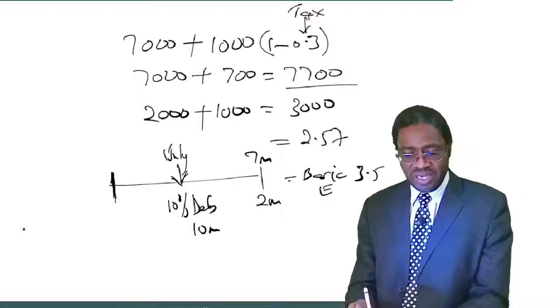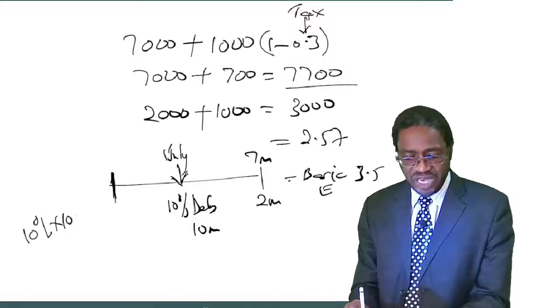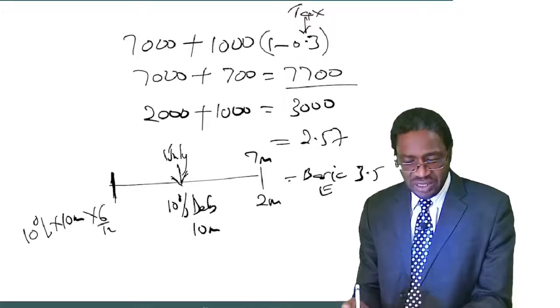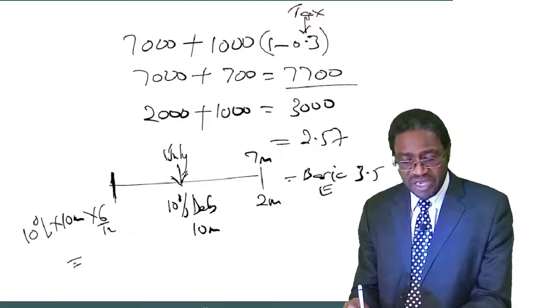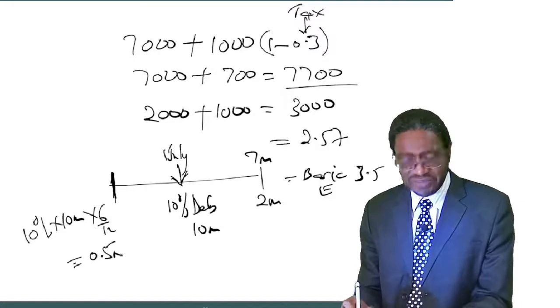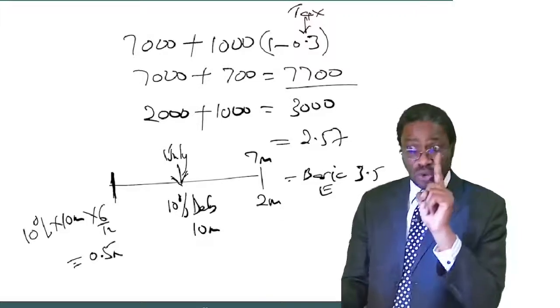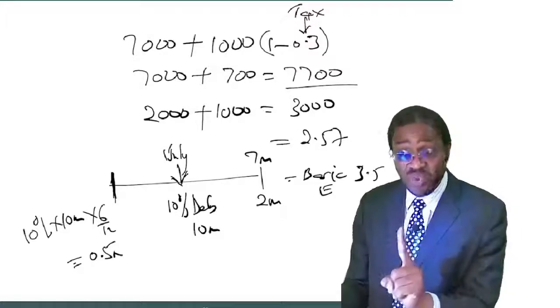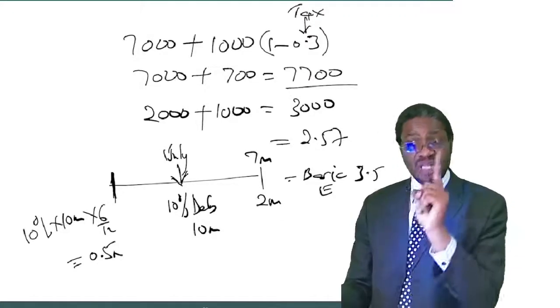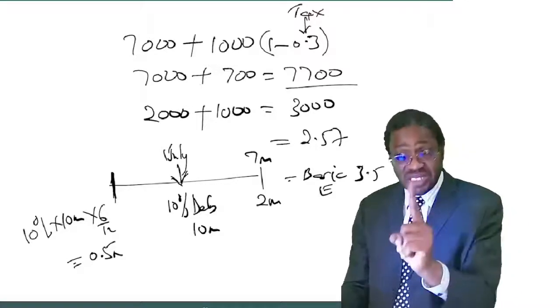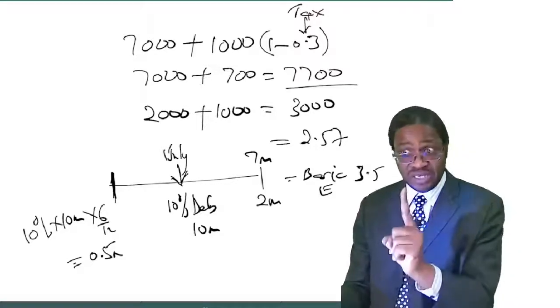Remember, the rate is 10% of 10 million for 6 months. You must have paid them 500, which is 0.5, because the debentures were issued in between the year.